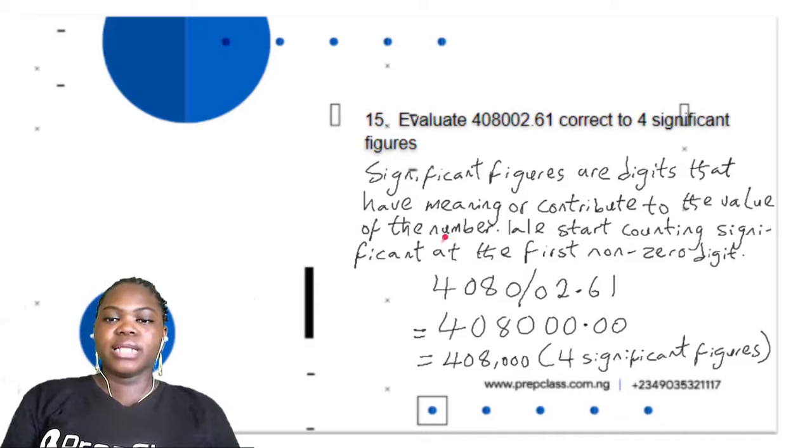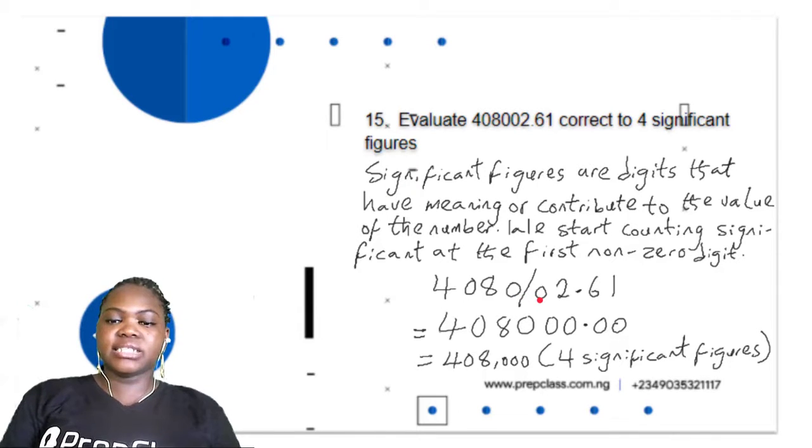So let's write down 408,002.61. Now let's count the first 4 digits: 1, 2, 3, 4. 0 is the fourth digit. We draw a vertical line after the fourth digit and then we look at the next digit.